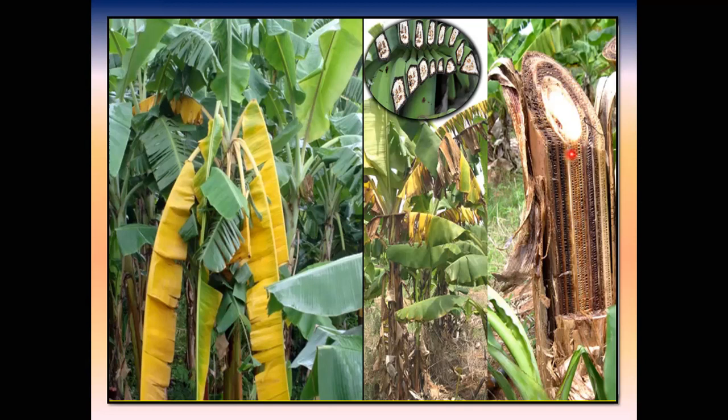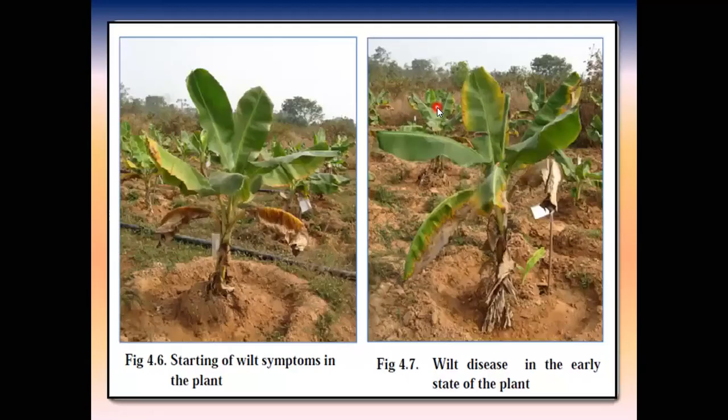Finally, the infection reaches the roots. The roots of the diseased rhizomes are frequently black in color and somewhat decayed. So these are the symptoms that develop on the leaf, pseudostem and fruits of affected banana plants. The initial infection is seen on 2 or 3 month old banana seedlings.